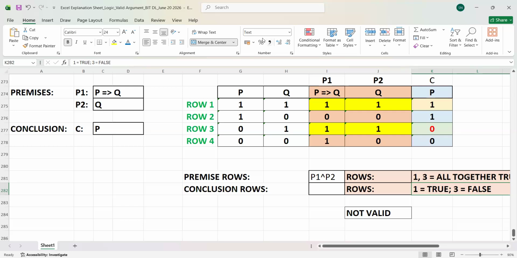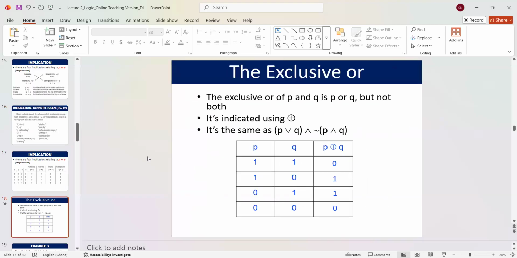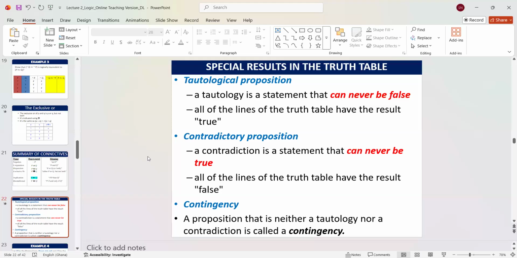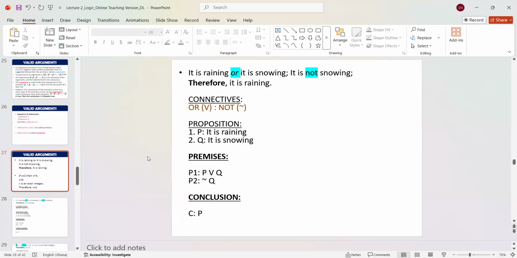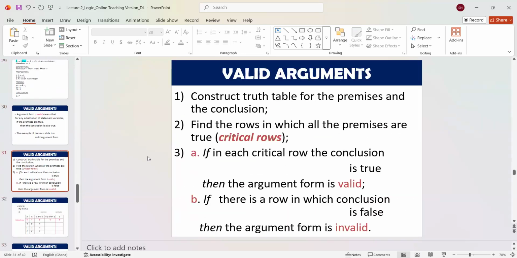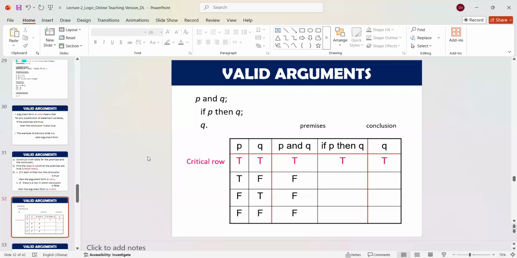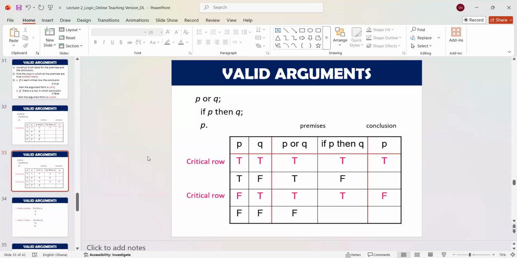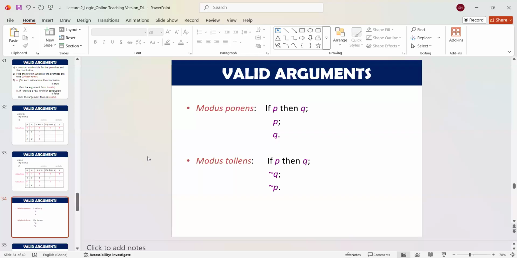Okay, so to sum up what we have just done, I'm going back to the PowerPoint. And like Angela just showed us, you will realize that at the end of the slide, I started referring to certain types of argument. There are so many of them, but just for the sake of learning, I've just listed about 5 or 6 of them.